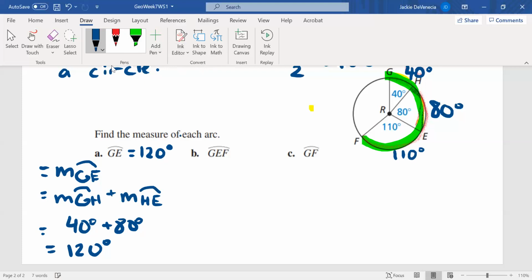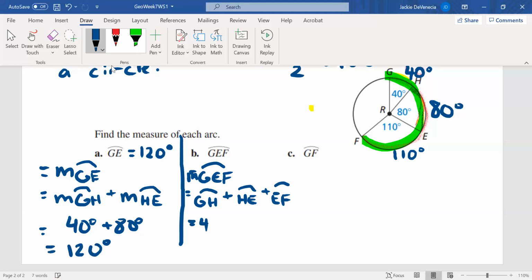Then I can just start adding them together. The measure of GEF is going to be the measure of GH plus HE plus EF.